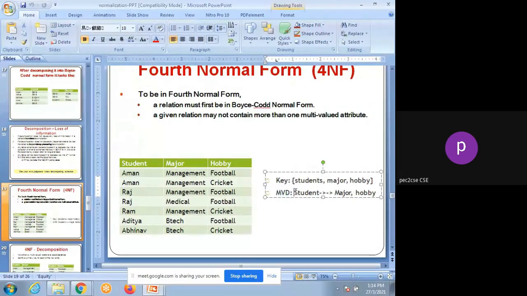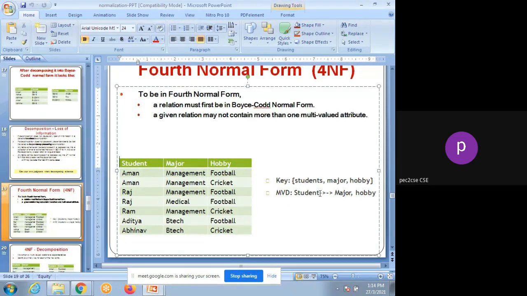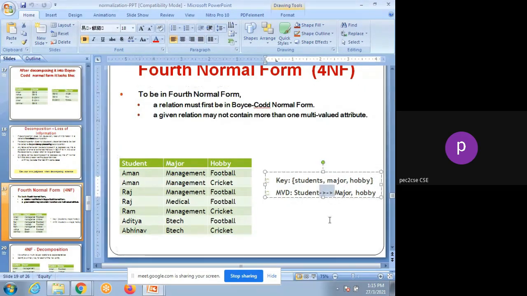On the left side is the attribute student; one student may have many majors and one student may have many hobbies. A multi-value dependency is specified by the double arrow symbol. You see here, this is the representation. The double arrow symbol represents a multi-valued attribute.